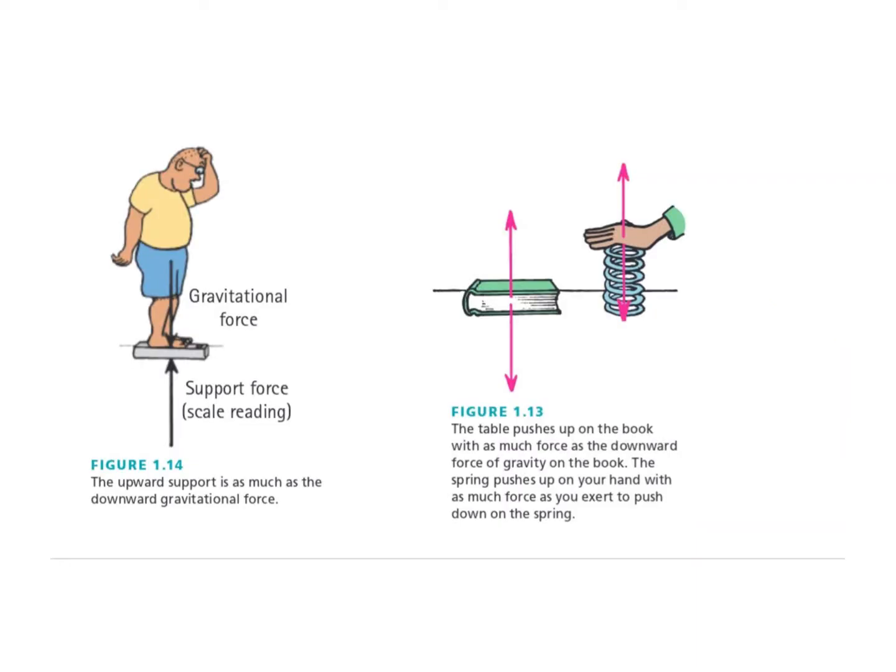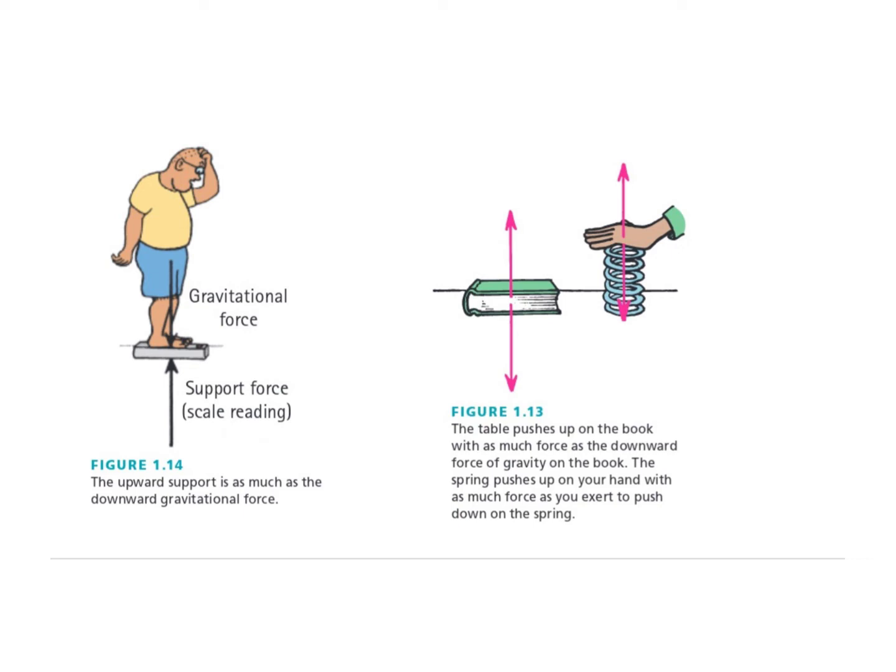Now, there are a couple of nice images from your textbook that illustrate this principle. And one of the things that's kind of neat, if you stand on a bathroom scale, the bathroom scale actually isn't measuring your weight. That would be the force of gravity. What it's measuring is the support force. And we know that those two things in general are going to be equal.